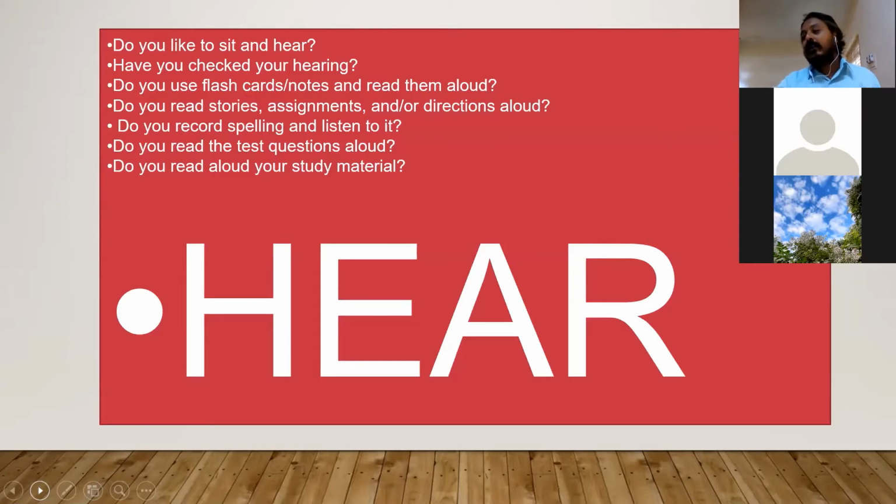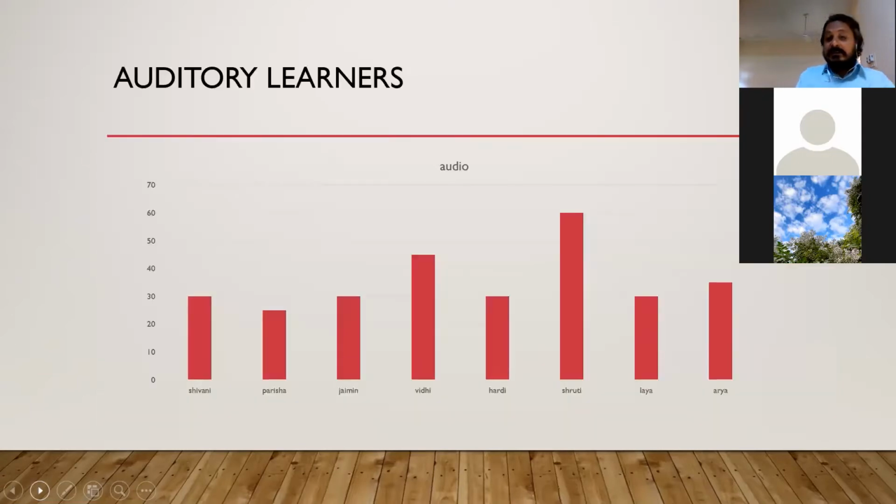While the auditory learner is reading it aloud and the tactile learner is watching, you can ask tactile learners to perform the verb or the word, like dumb charades. So you can design your activities based on the learning styles that you have discovered within your group. So this is what it looks like when it comes to our class.